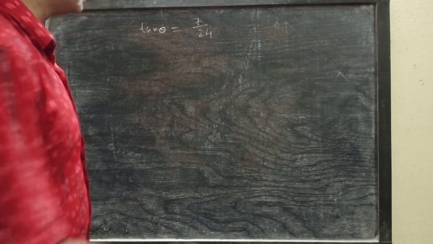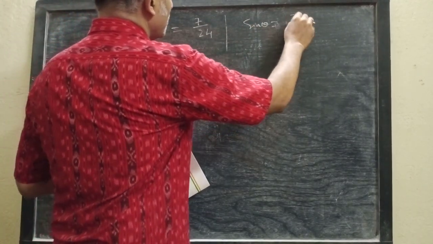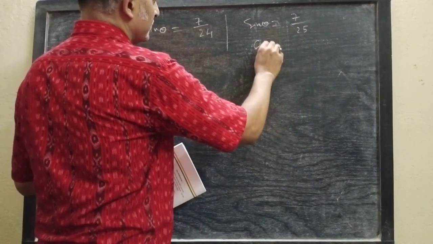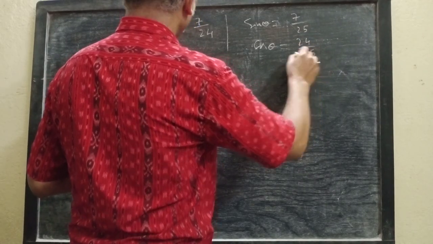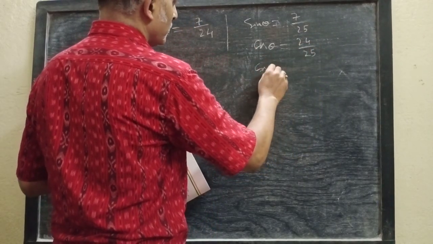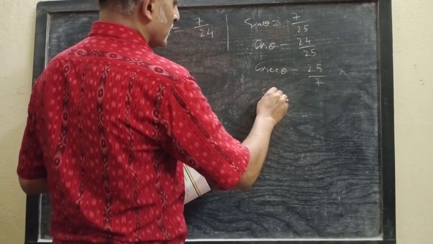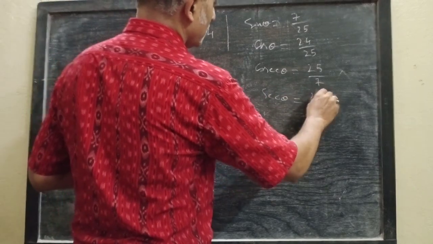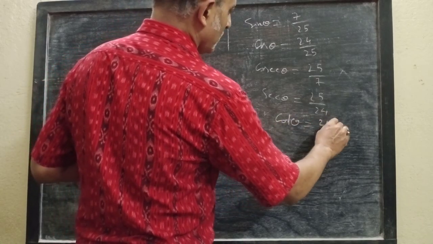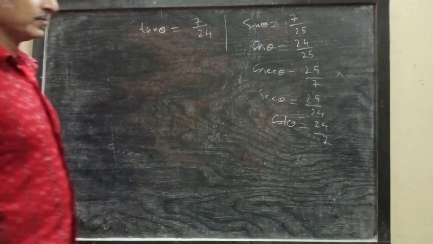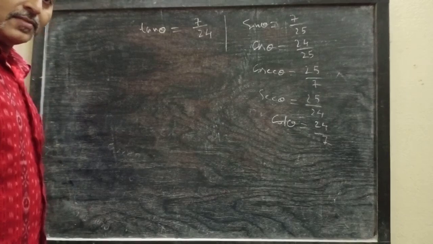The answers will be: sin theta will be 7 by 25, cos theta will be 24 by 25, cosec theta will be 25 by 7, sec theta will be 25 by 24, and cot theta will be 24 by 7. So solving this, it will be more clear to you.